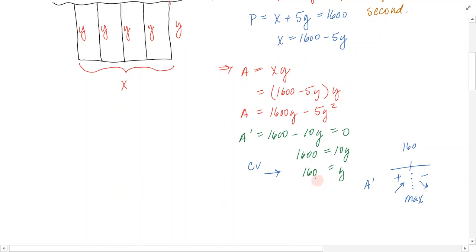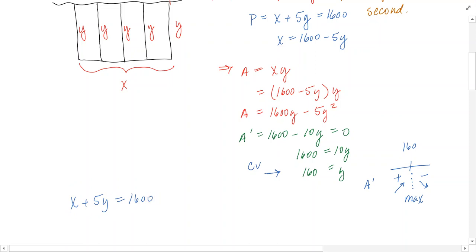So what I know now is that the length of one of these sides, the y value for one of those sides, is going to be 160. And now I want to find out what x is. So I'm going to come back here and take my perimeter formula that we had. We know that the perimeter was equal to, and let me just write it like this, x plus 5y is equal to 1600.